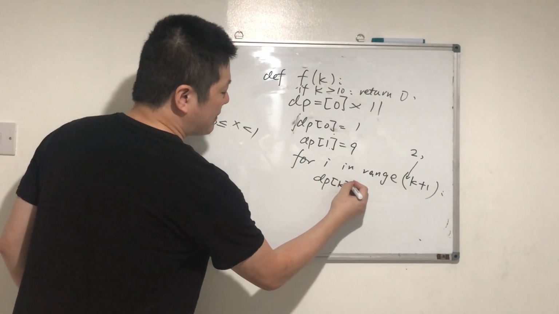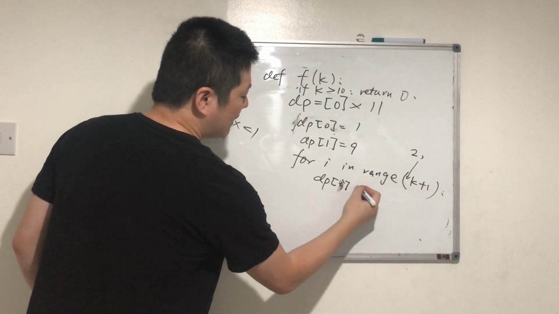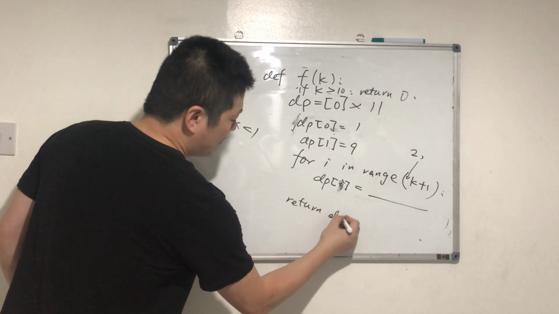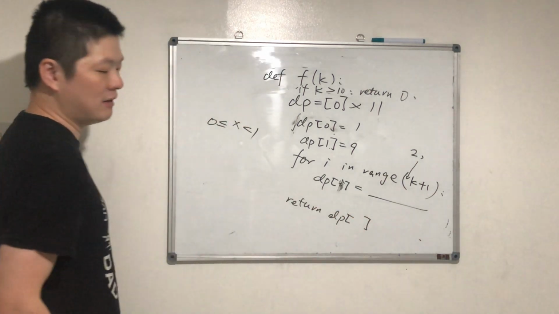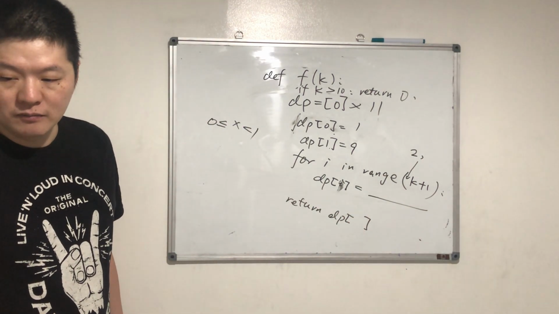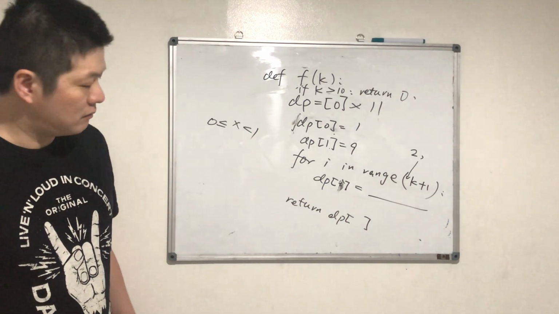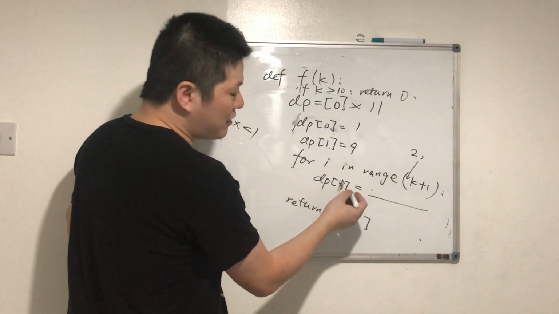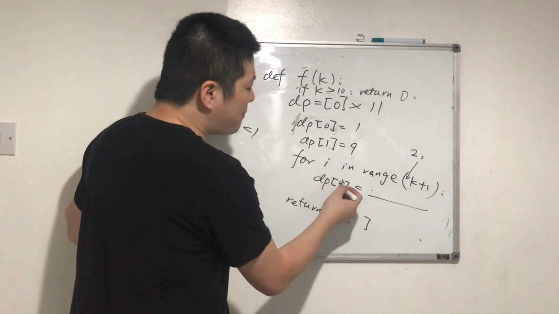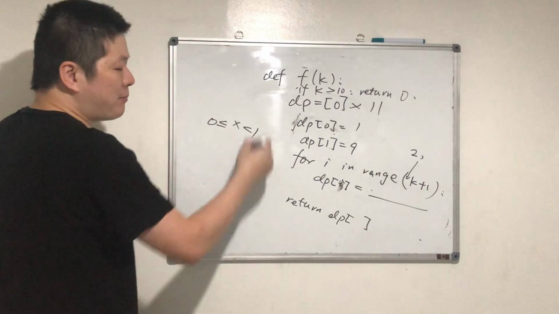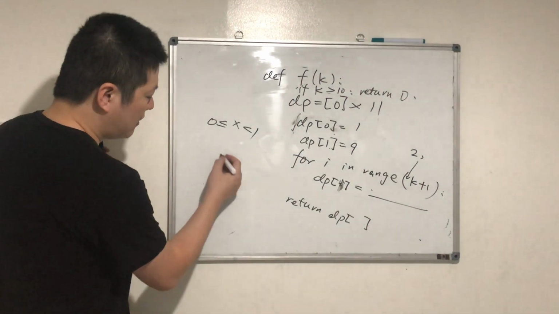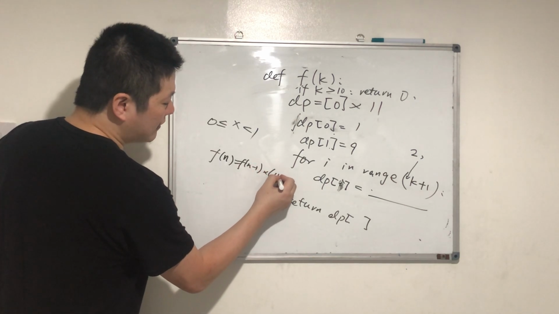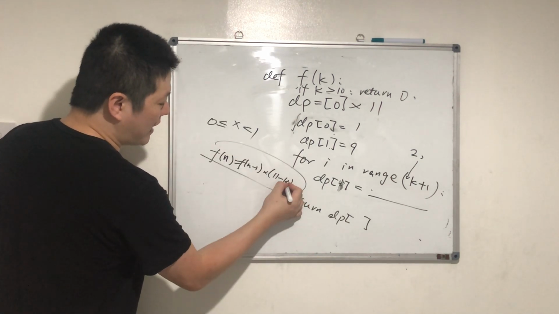You tell me, dp[i] equals what? Remember this dynamic programming transition function: f(n) equals f(n minus 1) times (11 minus n).